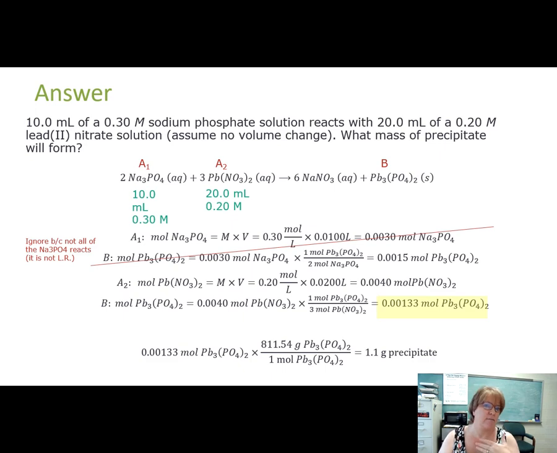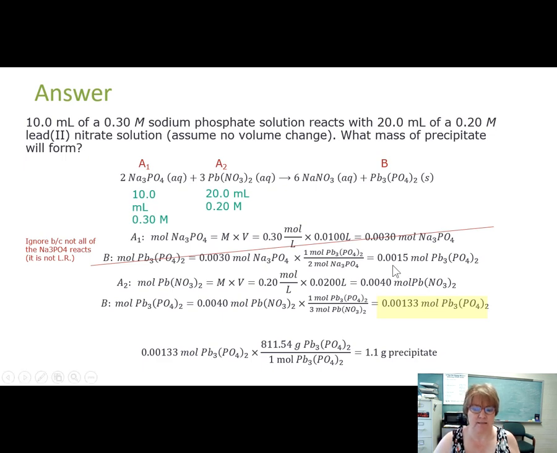I'm going to identify my two givens. I'm given both the molarity and volume of both sodium phosphate and of lead-2 nitrate. So I would have to determine for each one of them how much of the precipitate I can make. In this case, the precipitate is the lead phosphate. So I would do it twice, and then I'm looking for the smaller answer.